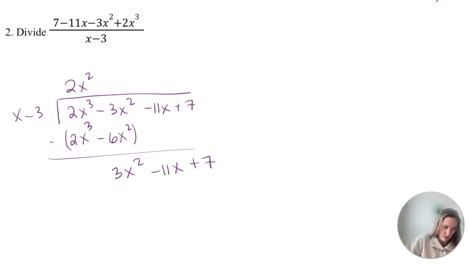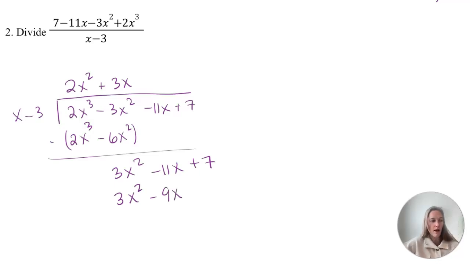Bring everything else down. And then we're doing it again. So that would be positive 3x times. And so then we do 3x times x minus 3.